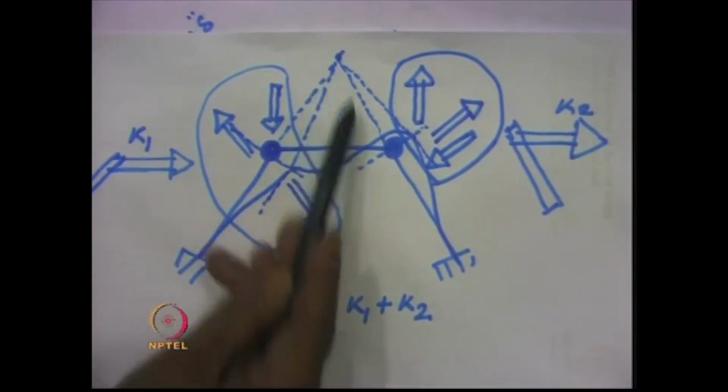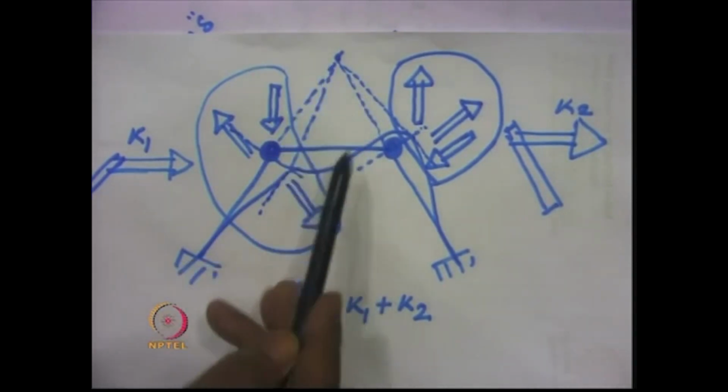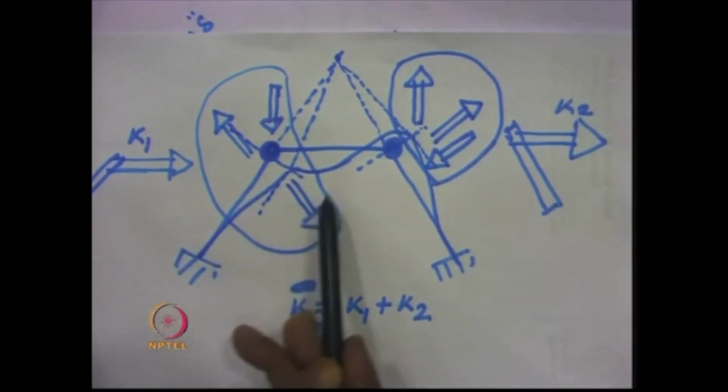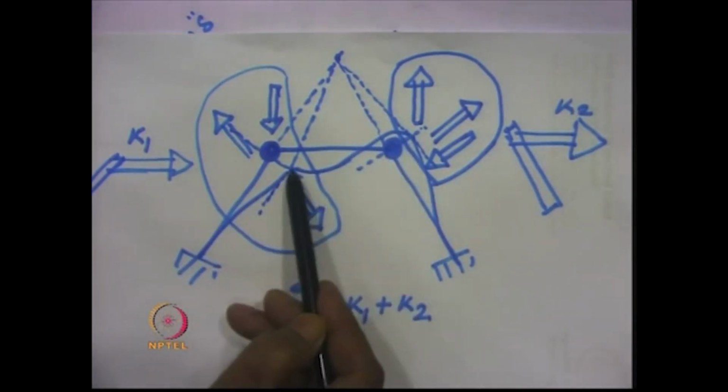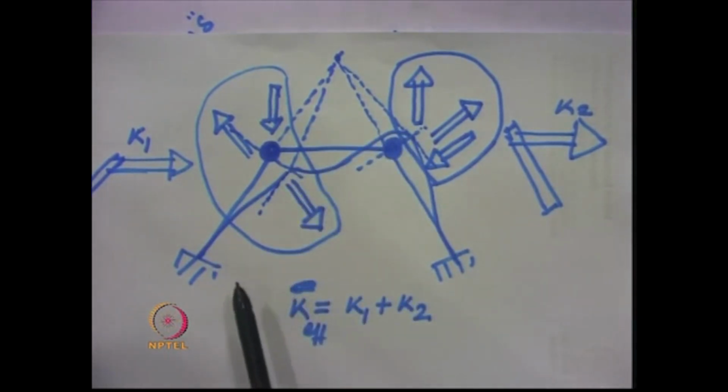And in this triangle, if these two lengths remain unchanged after the rotation, then the third length, joining this point and this point, also will not change.